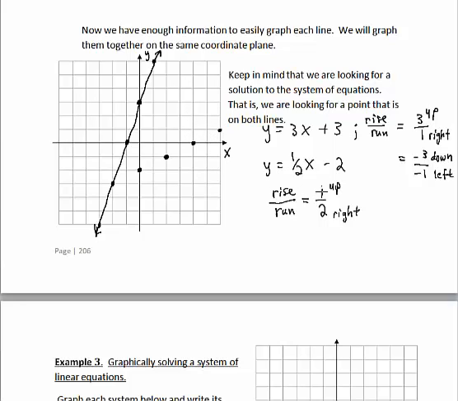And if we apply our slope in the opposite direction, then we can write this slope as a -1 over a -2. And so that would mean I go down 1 and left 2. And if I go down 1 and left 2, I intersect the other equation, the other line. So I'll connect all of my points with a straight line.